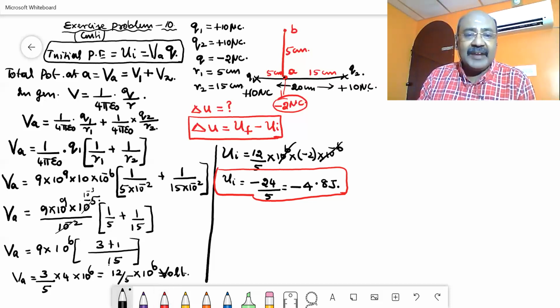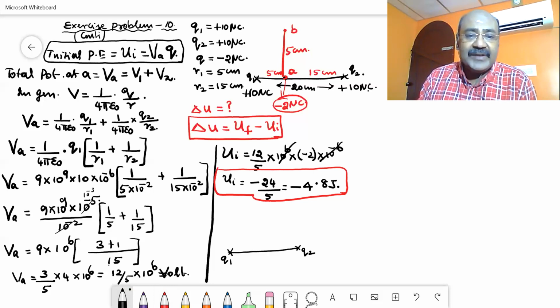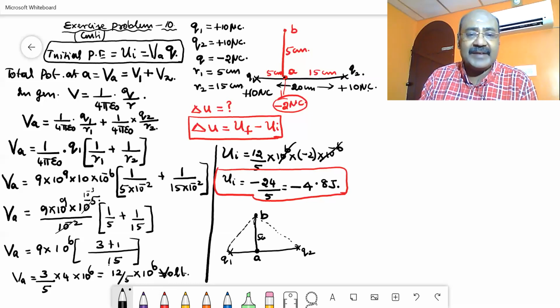Here I have Q1, here I have Q2, here is the point A, here is the point B. If so, I have to calculate this distance as well as this distance. See, we have taken the charge from A to B is 5 centimeter. This distance is also 5 centimeter and this distance is 15 centimeter.